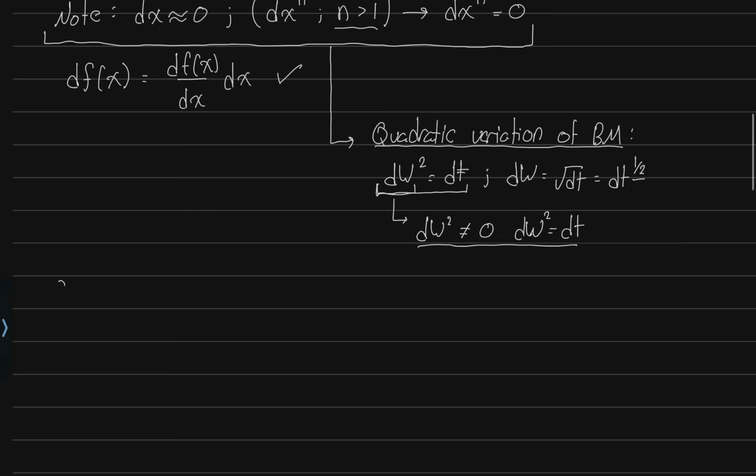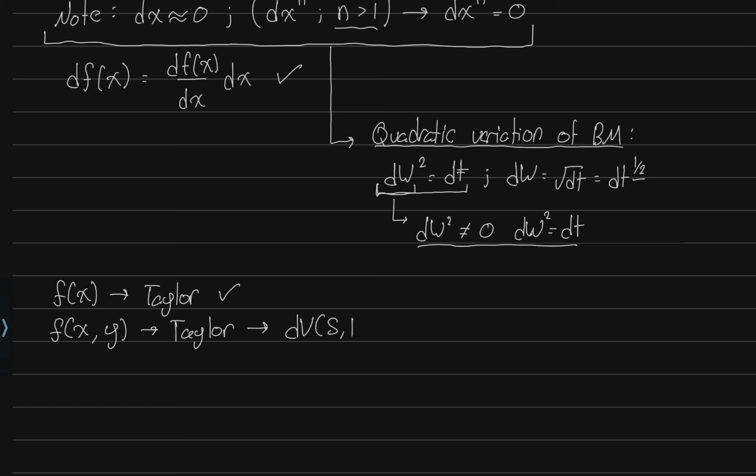More specifically, we covered f of x as a Taylor expansion, and the next thing we need to cover is f of x, y as a Taylor expansion, because once we do this, we can find dV as a function of S and t.